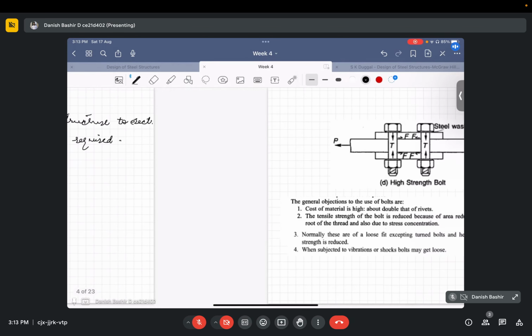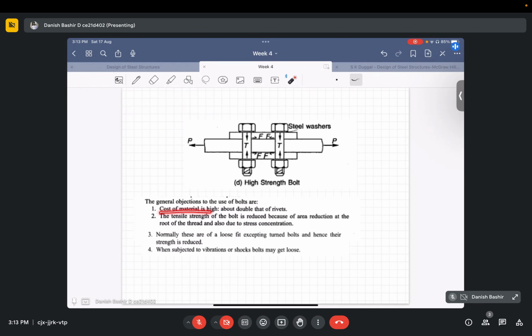We can see these general objectives here. The cost of the material is high, about double that of rivets. For example, if there is some fixed price for the rivets, we get the same connection with bolts at double the price.